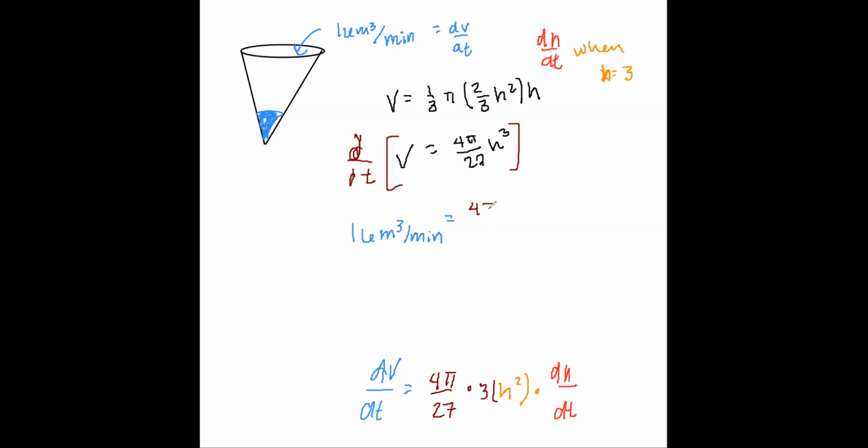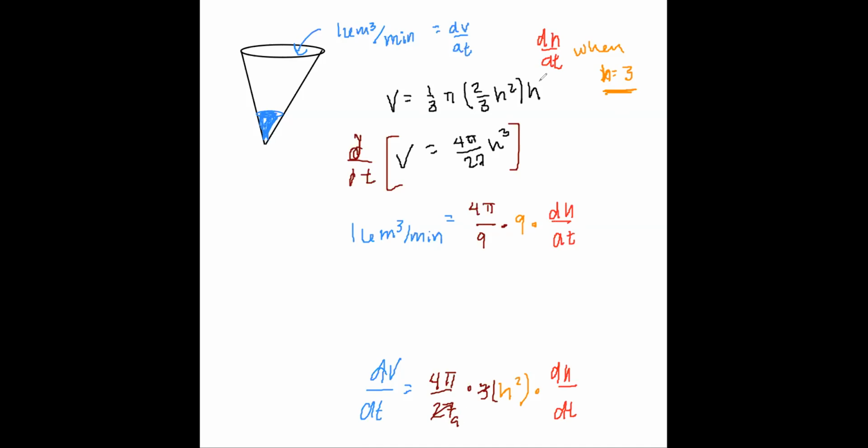4 pi, and I'm just going to make that 9 and cross that out. That'll be 4 pi over 9 times our h is equal to 3. So this is going to be times 3 squared, times dh dt.